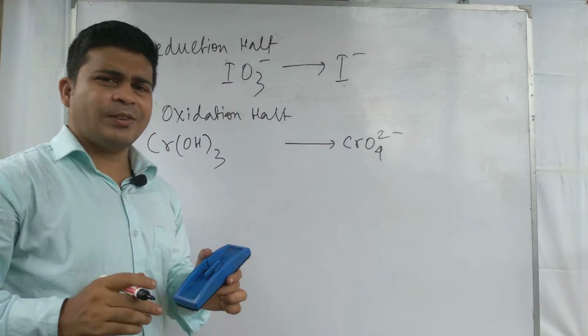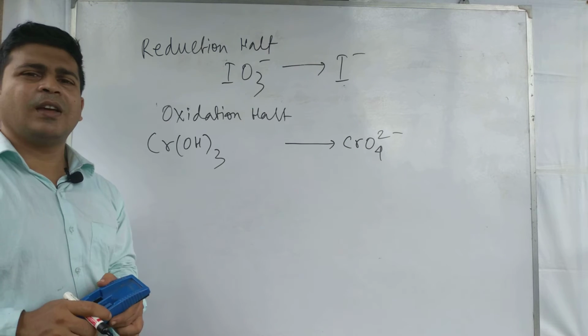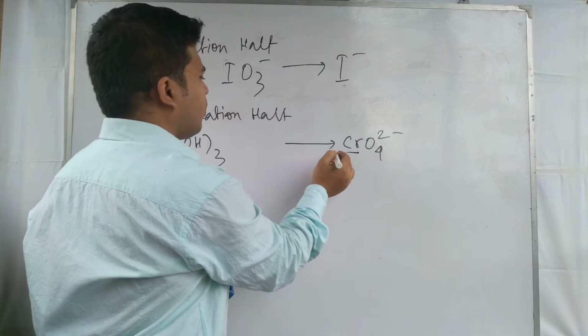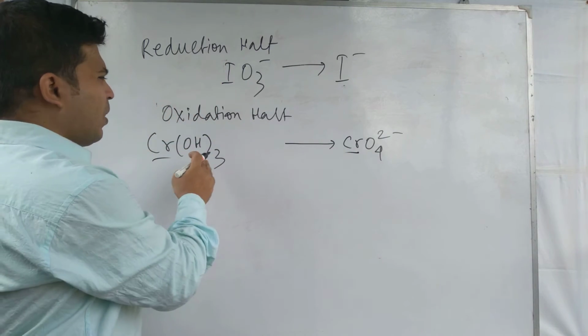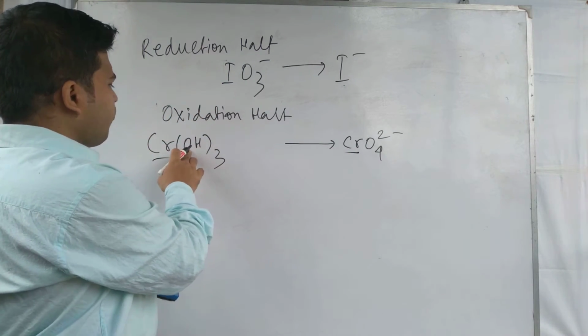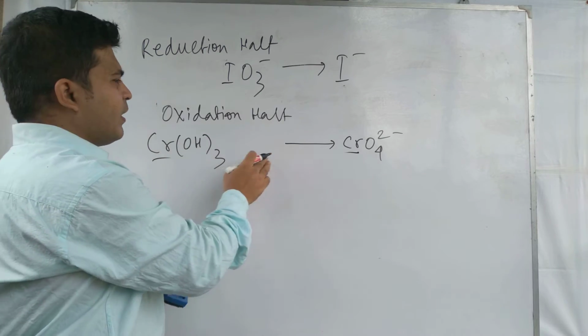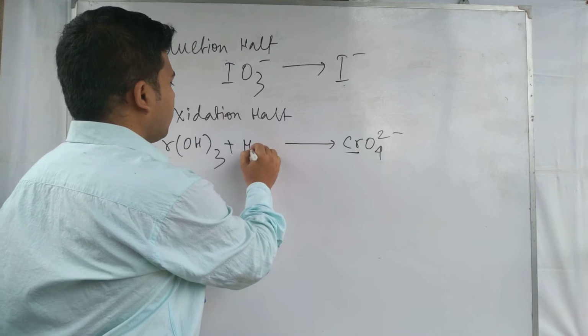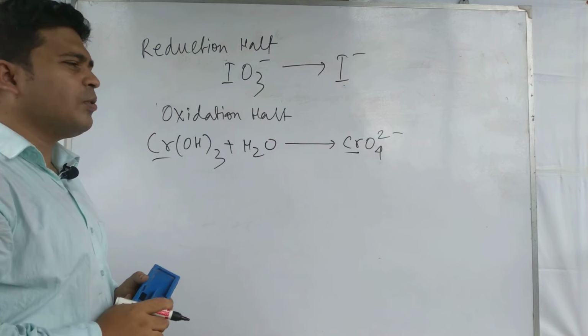Now in this step we have to balance the atoms on both sides. Here we see the chromium atom is 1 on both sides, but the oxygen atom is 3 on this side and 4 on this side. So we have to add one water molecule here to remove the deficiency of oxygen.